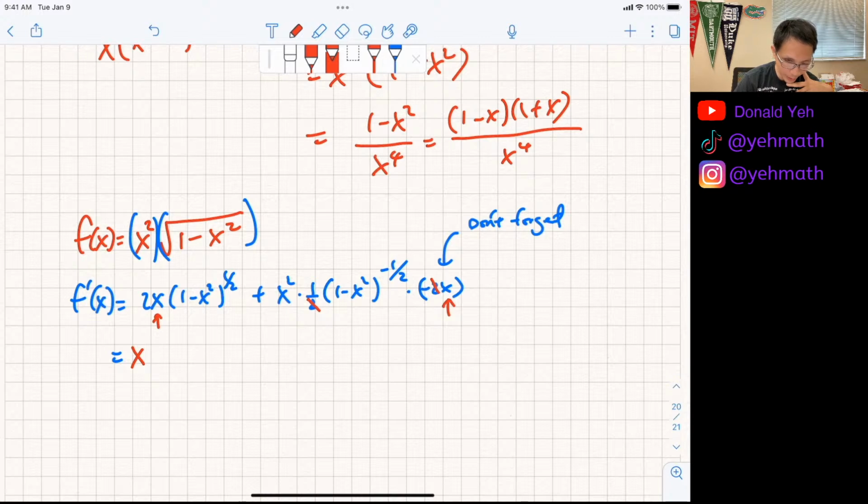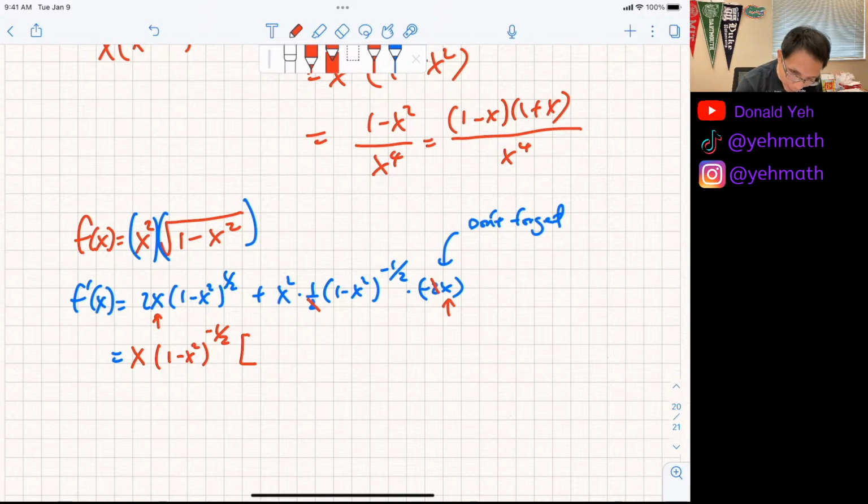Look at the parentheses. One minus x squared. But which power do I factor out? Negative 1/2. Good. So now I'm going to put a bracket here. I already took out negative 1/2, and I already took out x.